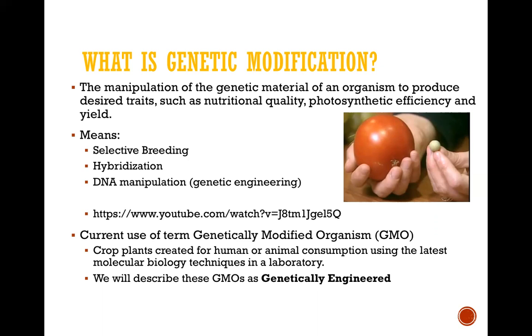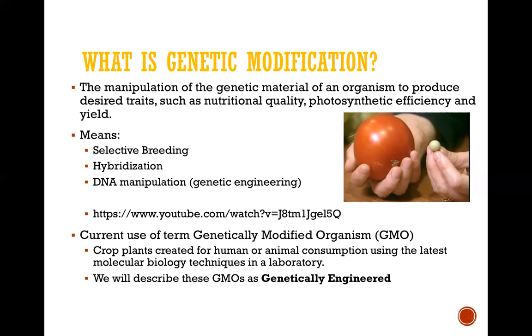For example, if you look at that tomato on the screen, the red tomato and that small green tomato, the green tomato is the wild, and the red tomato is what we grow today. And really, it only differs by 3 to 4 genes that were modified to give that red color, the change in size, and sweetness.